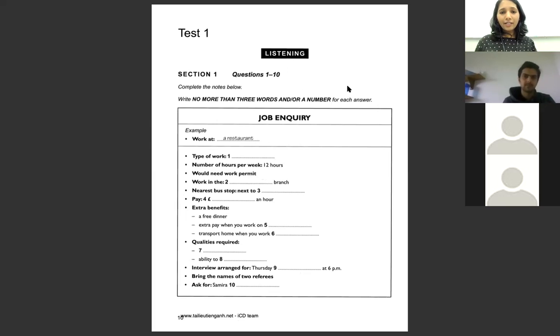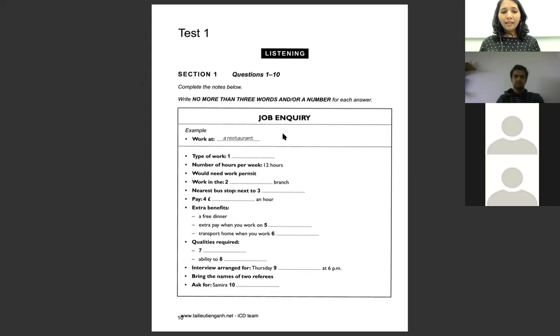That's our first thing that we do: understand how many words and how many numbers we can write. What type of question is this? We know this is a note completion type of question. For all our listening questions, we can use something called prediction, where we predict what type of answer they're looking for. If you look at this first blank, it says type of work.